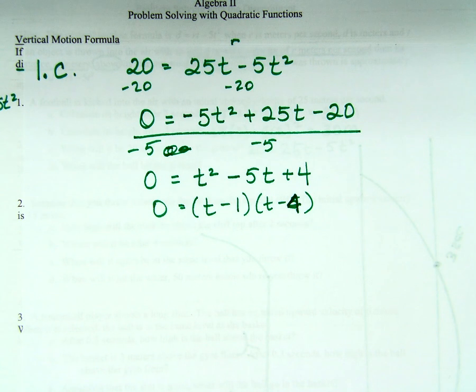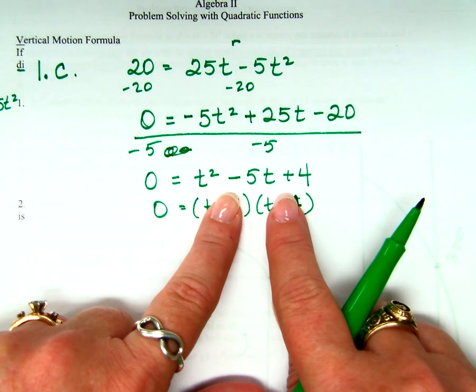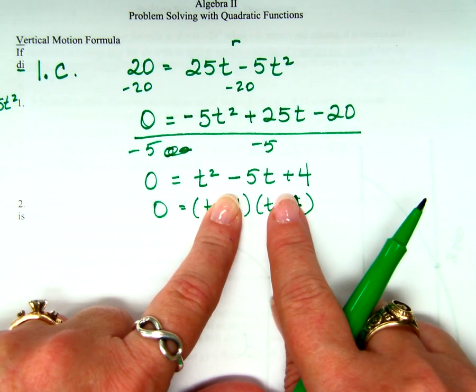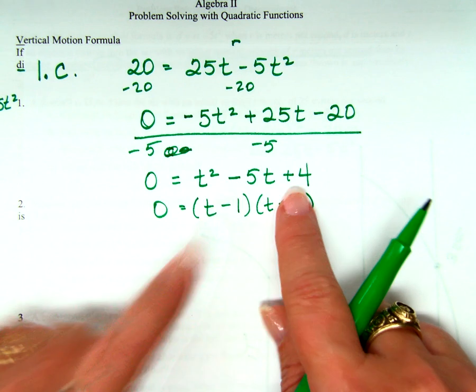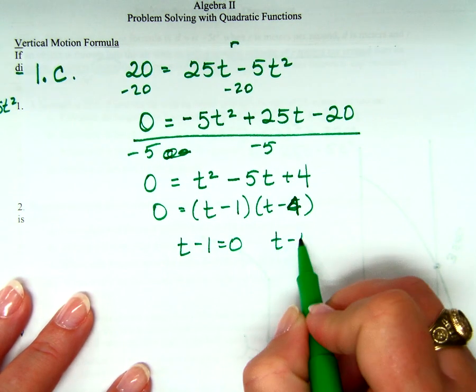Okay. Now what do I do? Remember what it's called? Zero product property. If I multiply two things together and they equal 0, it has to be true about one of them. Or both of them. They equal 0, right? So t minus 1 equals 0, and t minus 4 equals 0.